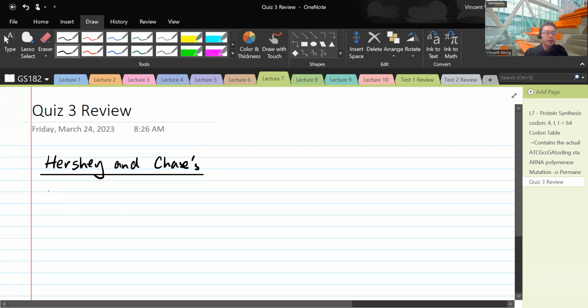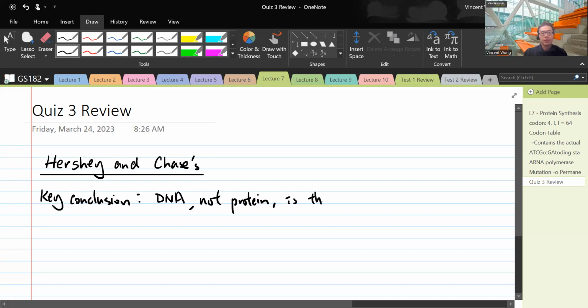And from their experiment, the key finding, the key conclusion was that DNA and not protein is the hereditary material. Right?